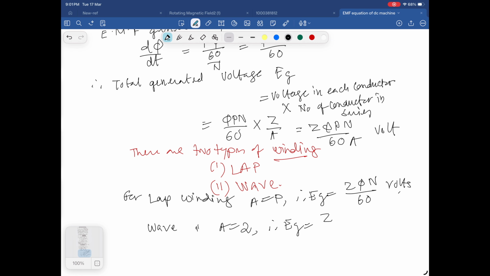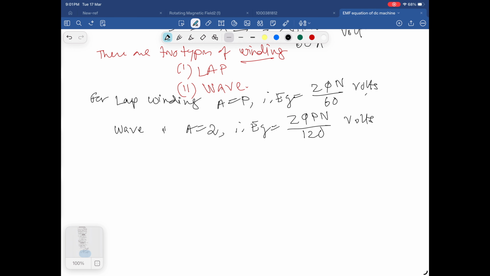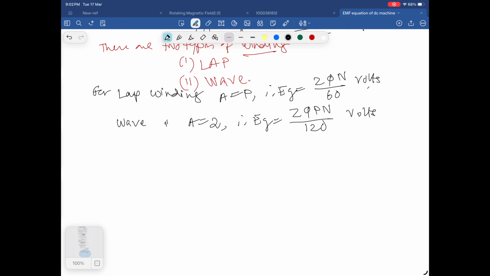And for a wave winding, the number of parallel paths A is equal to 2. So at that time Eg is equal to Z phi Pn by 120, 60 into 2, 120 volts.